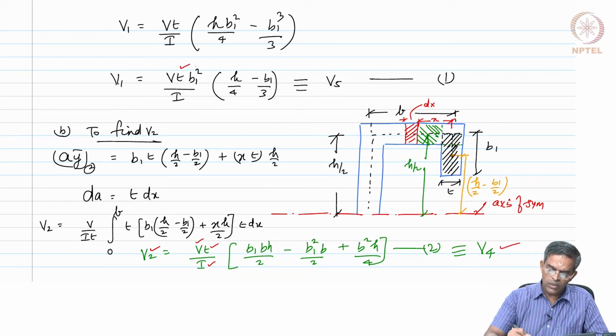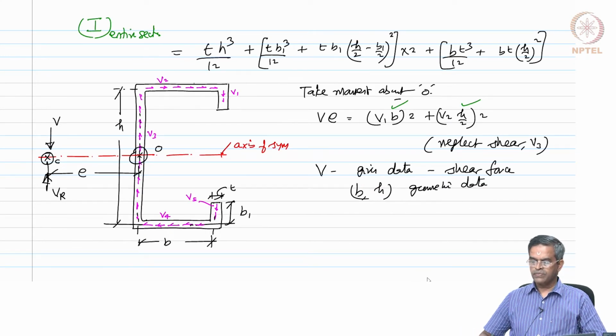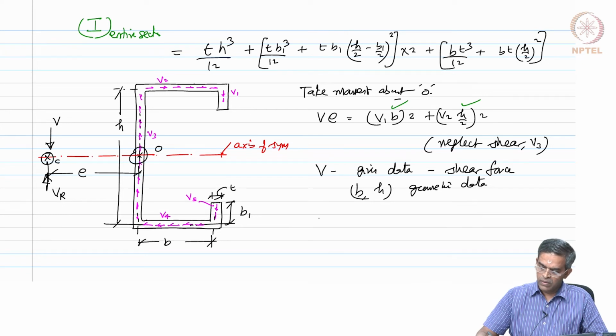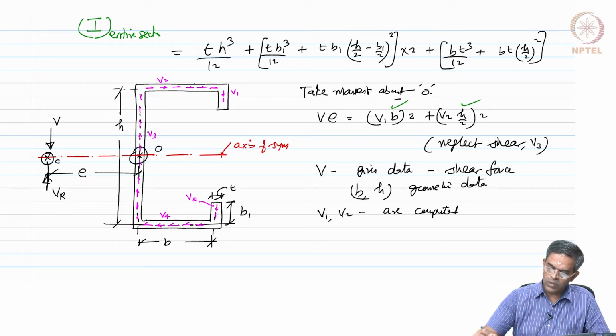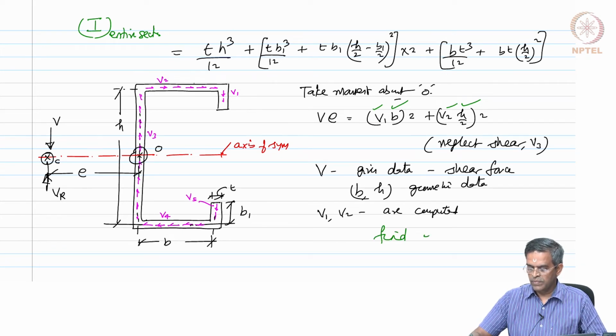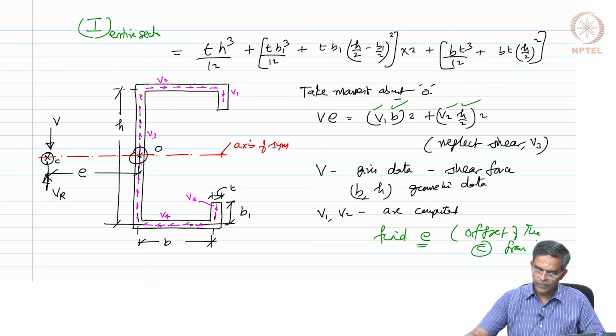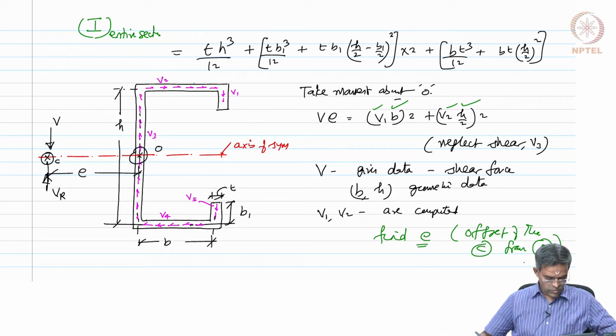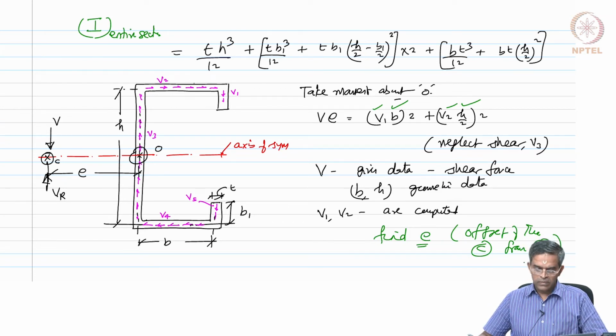Similarly, if I know T, B1 and h, I can compute V1 and V5. So, in this equation, V1 and V2 are computed, so I can easily find e, which is the offset of the shear center from the point O. It is very simple.